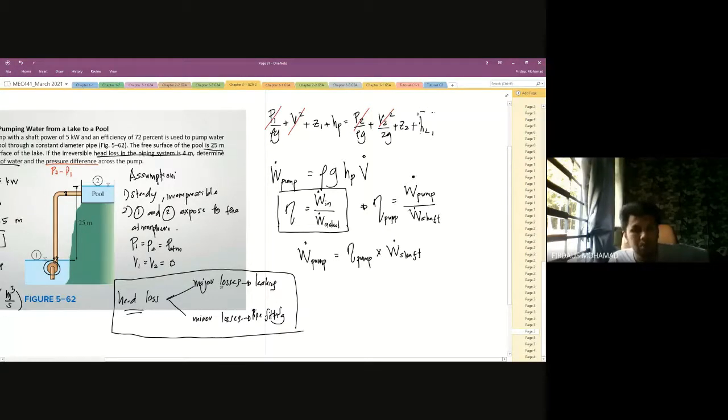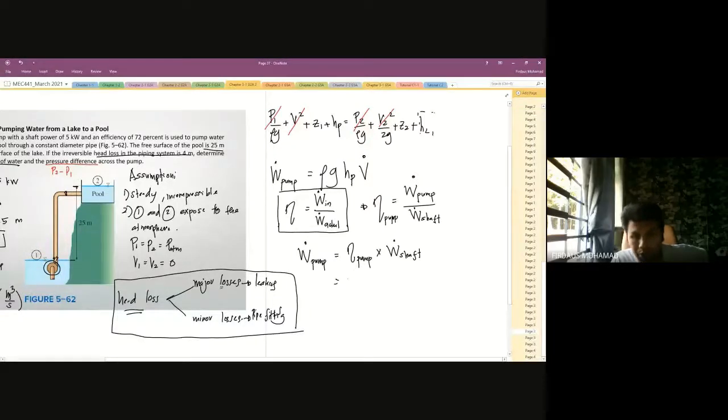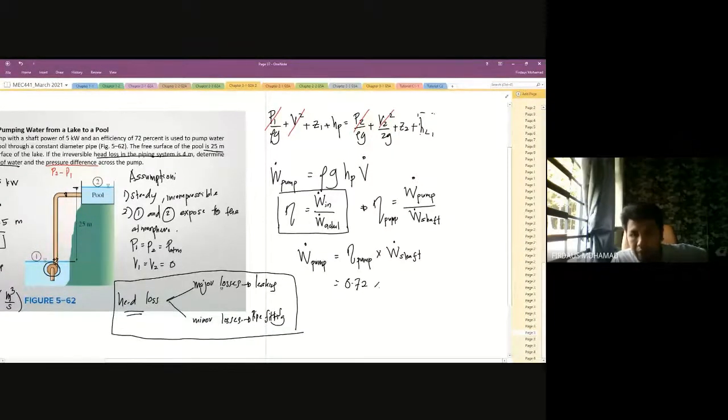Efficiency untuk mechanical device, untuk compressor ke, untuk pump, sama dengan work actual bahagi work in. Work in ni maknanya work supply daripada electricity tu untuk compressor ataupun untuk pump. Work actual ni maknanya pump kan dia ada shaft, yang delivered to the shaft. Okay, so yang tu W dot actual. Kita dapat pump efficiency 0.72 kali W dot shaft 5 kW.